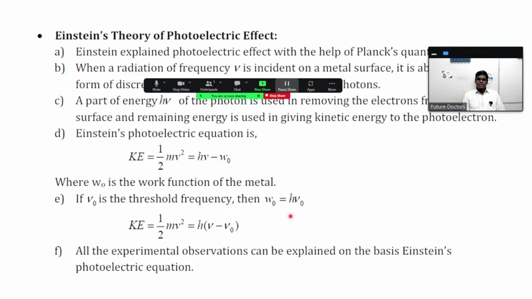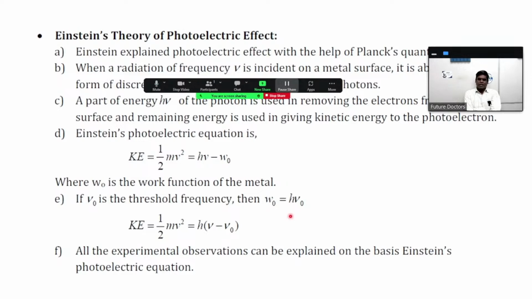Then Einstein's photoelectric equation is kinetic energy, (1/2)mv², equal to hν minus hν₀. hν is the incident energy, and hν₀ is also called W₀, that is the work function. If ν₀ is the threshold frequency, then the work function W equals hν₀.